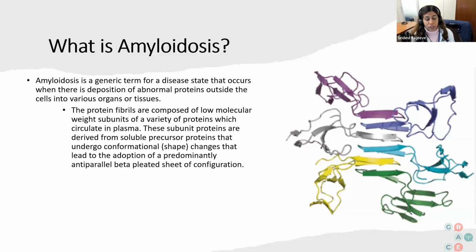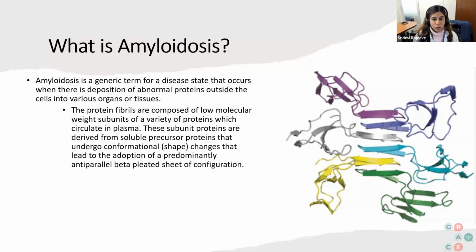These abnormal proteins should not be present in the blood in excess amounts, and when present in excess amounts, they should not deposit into vital organs and tissues. When that disease state happens, that is called amyloidosis.